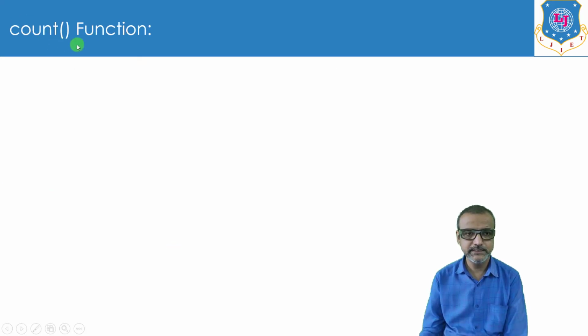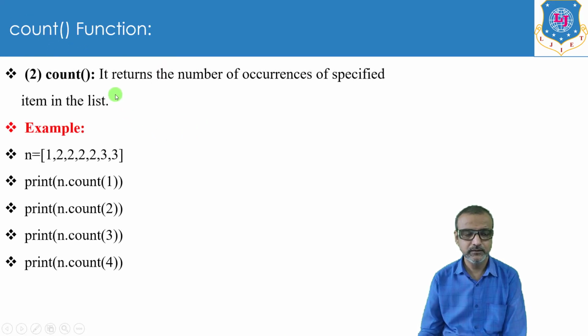Now we will see the count function. What will this count function do? It returns the number of occurrences of the specified item in the list. For example, in the list n we have 1 one time, 2 four times, and 3 two times. So print of n dot count 1 will give us the output as 1 because 1 is only one time.